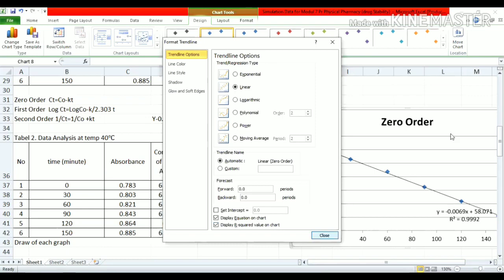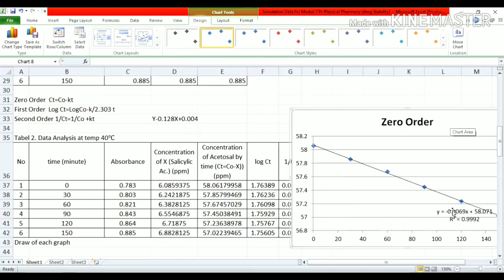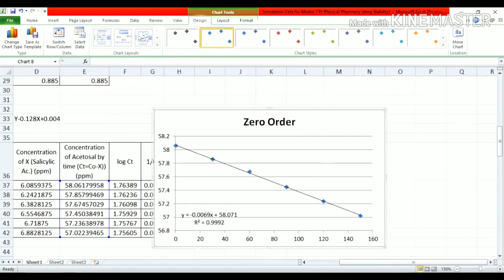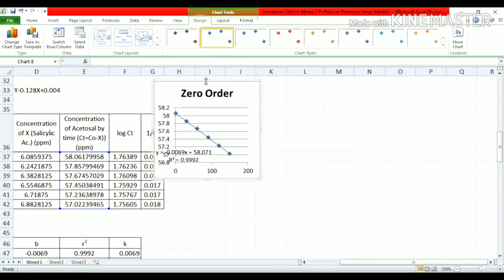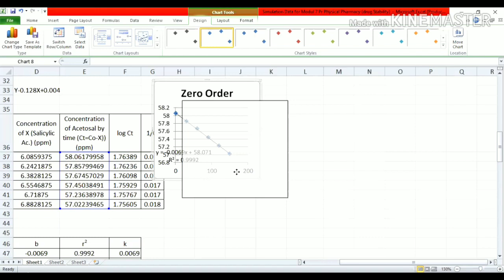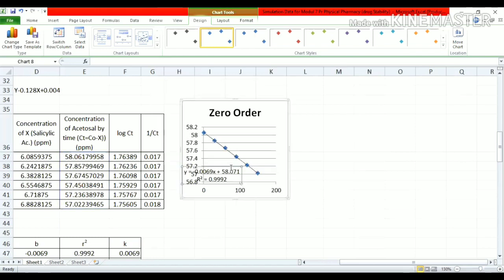We got the number of the R and also the equation. The equation means that the Y is the concentration by time, or CT, and the X is the time, and the B is the mean K, as you can see in the zero order equation. So we can put the data from the linear regression here.